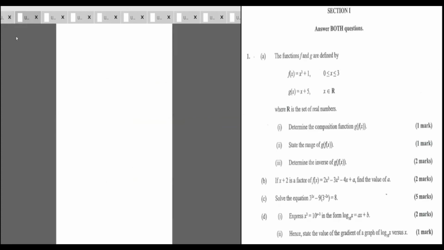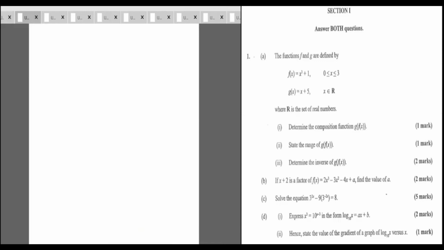Now part 3. Part 3 of the question is asking us to express x cubed equals 10 raised to the x minus 3 in log form.